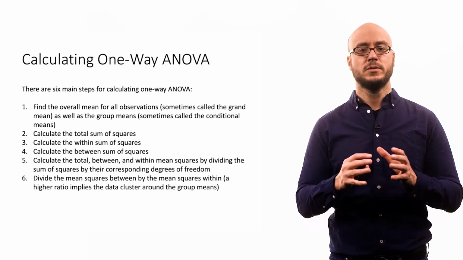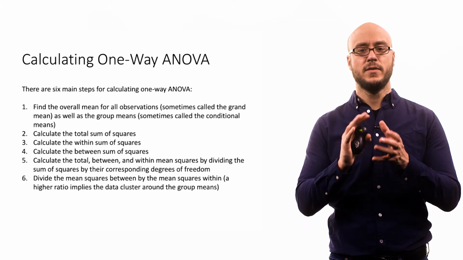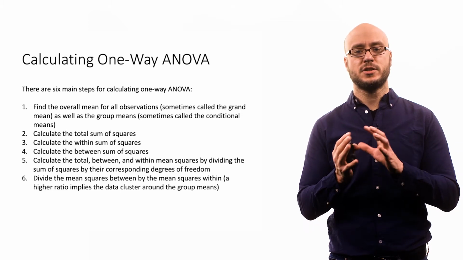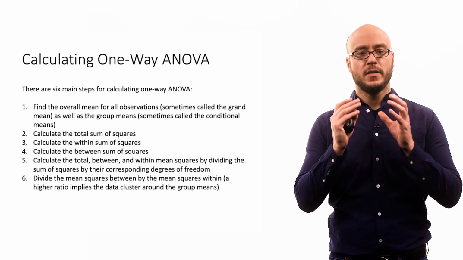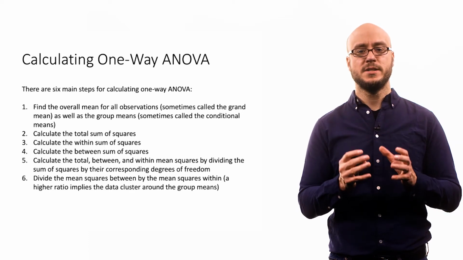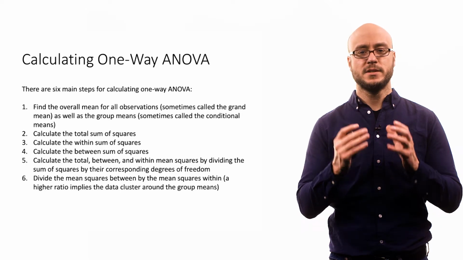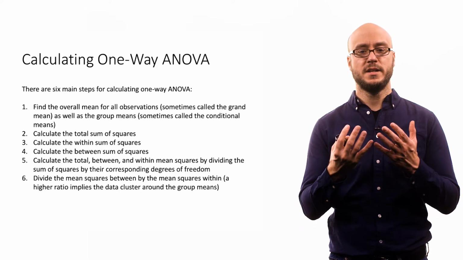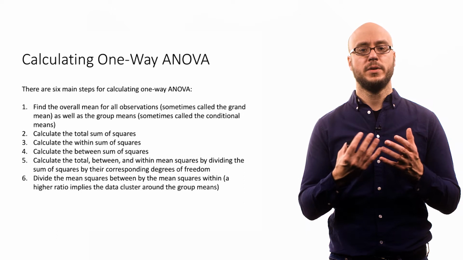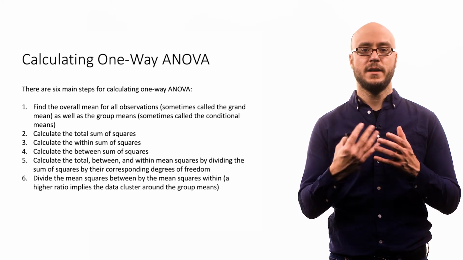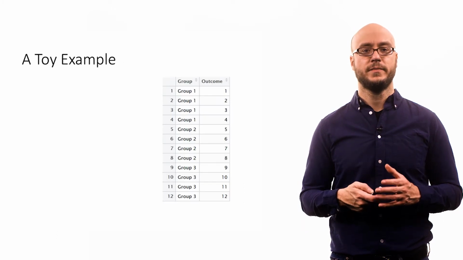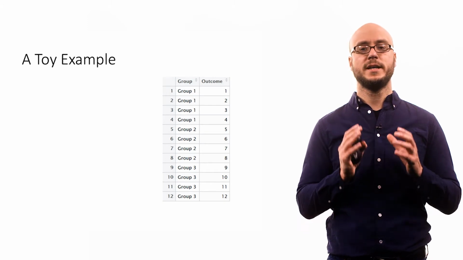This ratio gives us an idea of the degree to which the data cluster around the group means or not. A higher ratio implies the data cluster more around the group means. That should make sense because the mean squares gives us an idea of the amount of variability between and the amount of variability within.